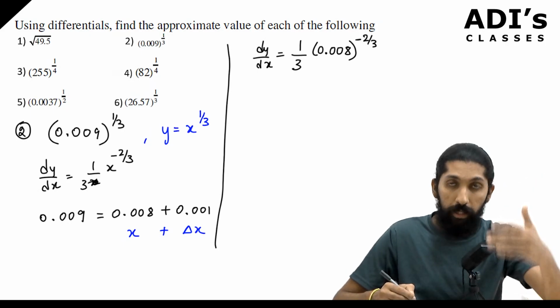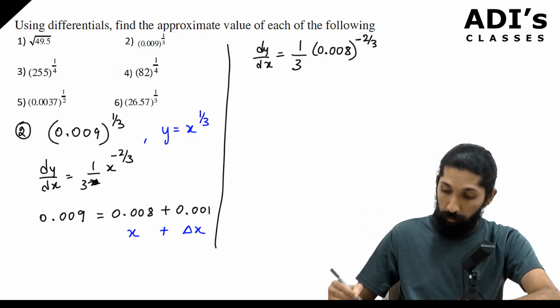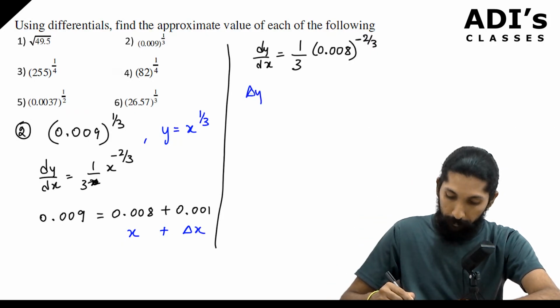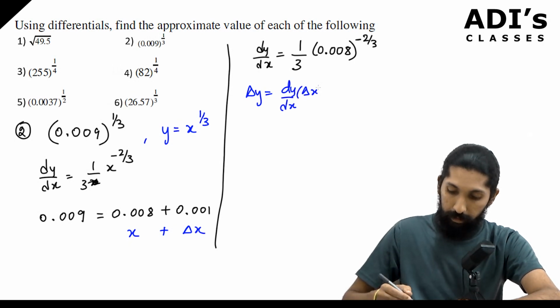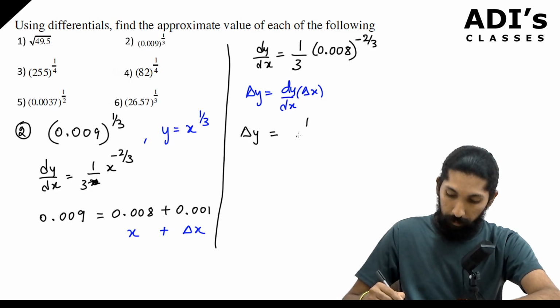Once you find dy by dx, then comes the application of the formula. What is the formula? Delta y is dy by dx into delta x. Correct? So if you substitute, delta y is equal to 1 divided by 3 into 0.008 power minus 2 by 3.